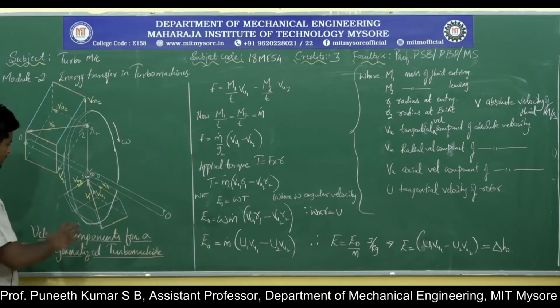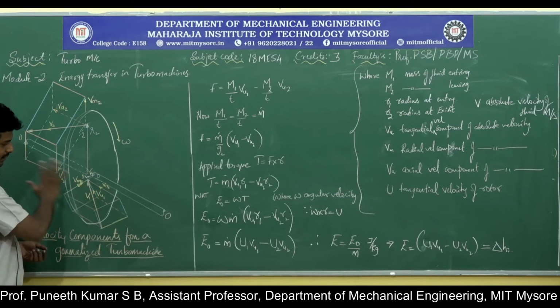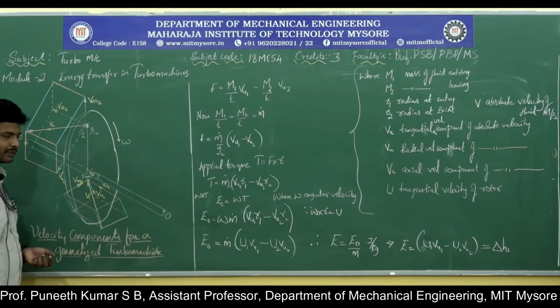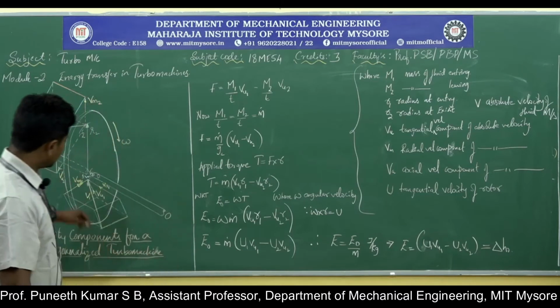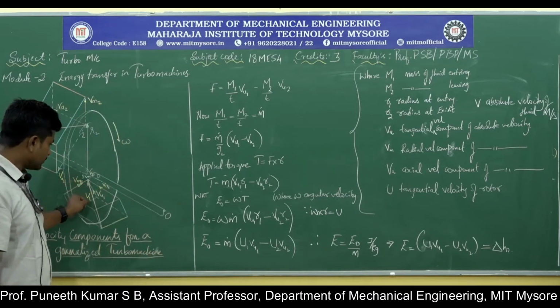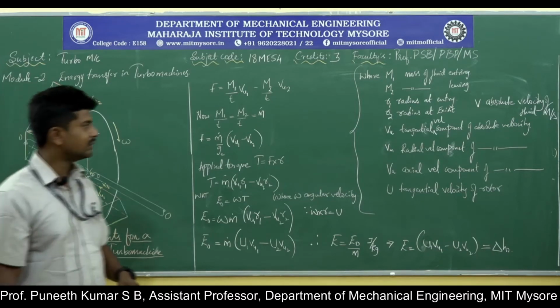Here we can see a three-dimensional figure. Basically we have three components, that is VA, VU and VM, which are nothing but the resolved components of V1. What is V1?